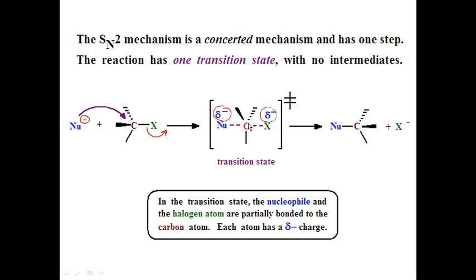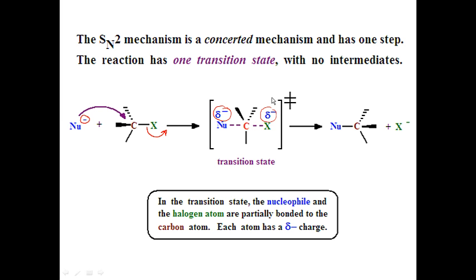So this is our transition state for an SN2 reaction: partial nucleophile-carbon bond, partial carbon-halogen bond, and then partial charges on the nucleophile and the halogen as they go from either being -1 to neutral or neutral to -1.